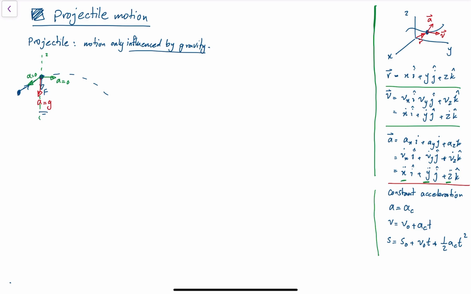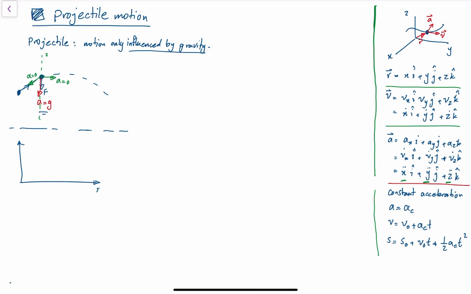So let me clean up here a little and draw a nicer figure. One other thing to remember: it doesn't matter which direction we launch our projectile, the entire path will always be in a single plane. So we can always work with essentially a 2D projection of the motion on a single plane.